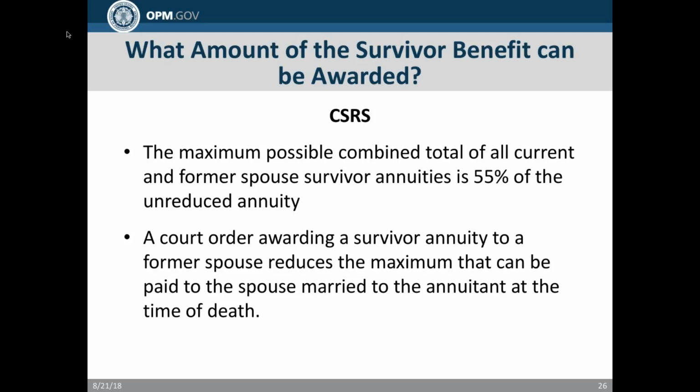Under CSRS, the maximum possible combined total of all current and former spouse survivor annuities is 55% of the unreduced annuity. A court order awarding survivor annuity to a former spouse reduces the maximum that can be paid to the spouse married to the annuitant at the time of death.